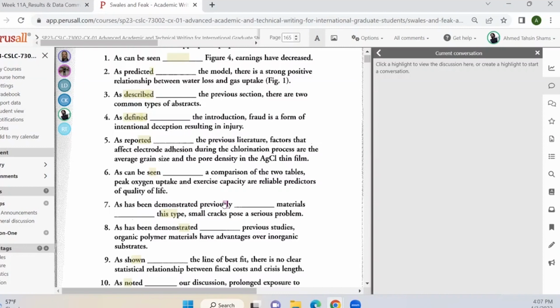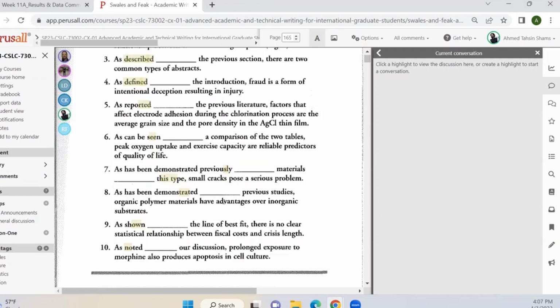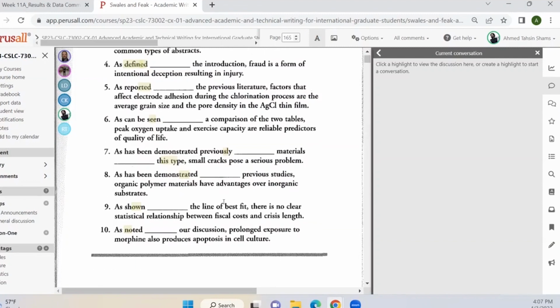Number 9 and 10, let's scroll down a little bit. As shown. It's very tricky, I know. Tricky as in confusing. Sometimes you might think in is fine, by is fine. So what's group 1?